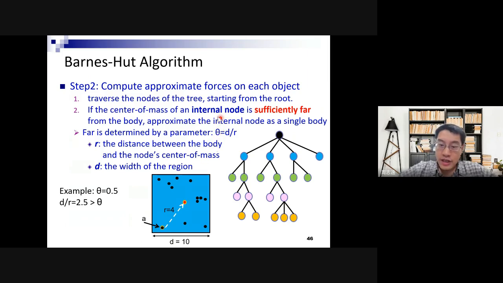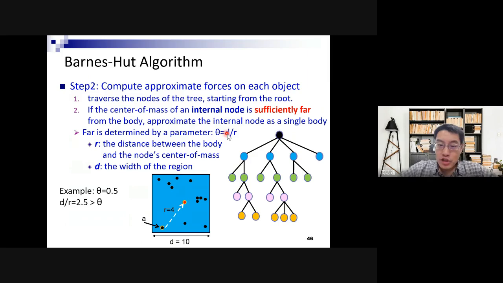Its calculation is d divided by r. r is the distance from the object to the center of mass, and d is what I said was L. Sorry to confuse you, I should have said d before.